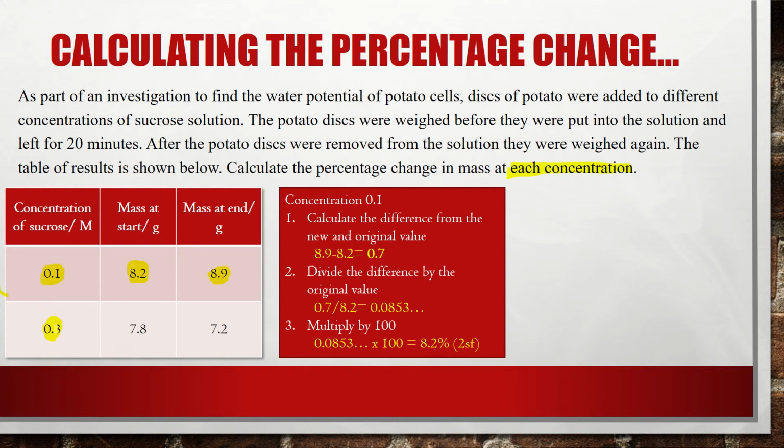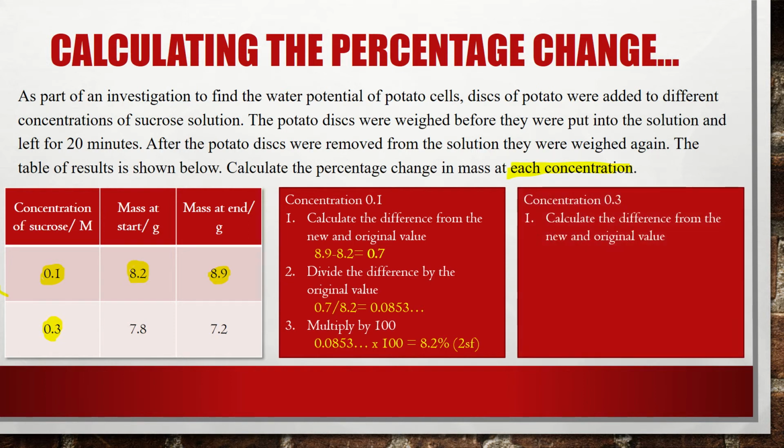We now need to look at our 0.3 mole. Again, we need to think of the difference. Our new number is 7.2. Our old number is 7.8. So minusing to get minus 0.6. We're dividing it by the number at the start, which is 7.8.